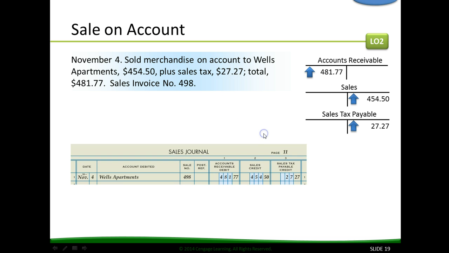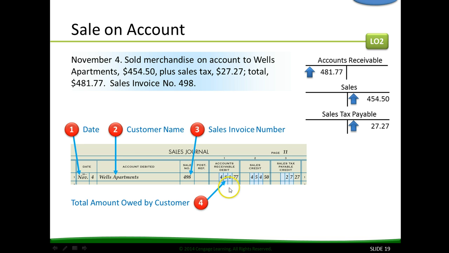send it in. So this is what the sales journal is going to look like. You're going to put your date. You're going to put who purchased the merchandise from you, your sales invoice number, the total accounts receivable debit, because that's the total amount that you gave them credit for, even if it included the sales tax.